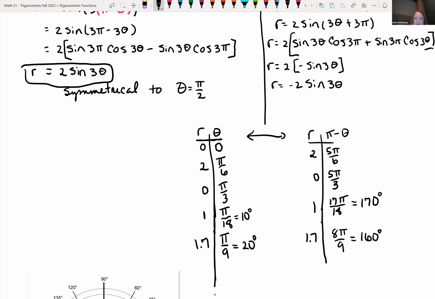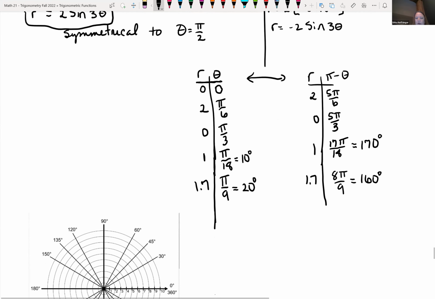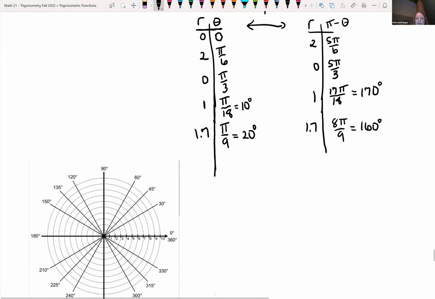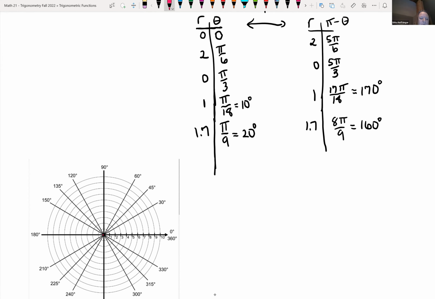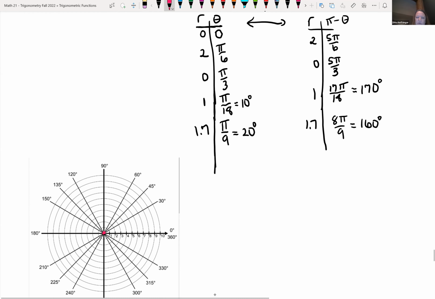So I already did pi sixths. Let's see what we have so far with our points. At 0, we have 0. At pi sixths, 30 degrees, we have 2, and at 5 pi sixths we also have a point.